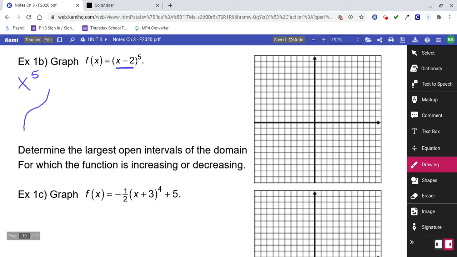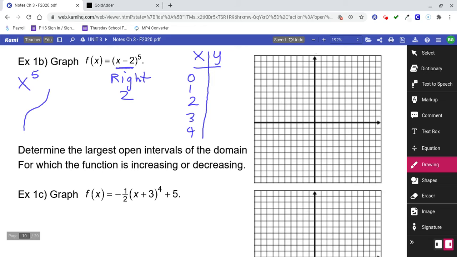Looking at the shifting, you should be able to see that whatever this x to the 5th does, it's going right 2. So it's going to look something like that, but shifted over to the right too. So when I make my table, instead of putting 0 in the middle, I might put 2 in the middle. You can plug in whatever you want, but it makes sense since we're shifted right 2 to put 2 in the middle.